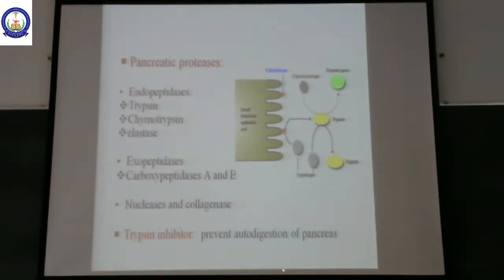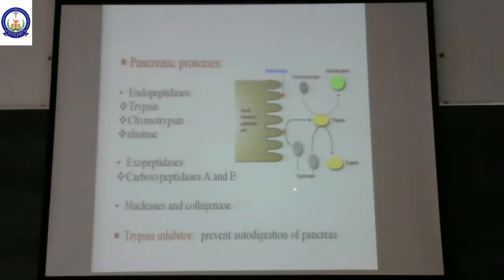So to prevent this auto-digestion, we have something called trypsin inhibitor inside the pancreas. So inside the pancreas, trypsin will not get activated. It gets activated only when it enters the intestine.